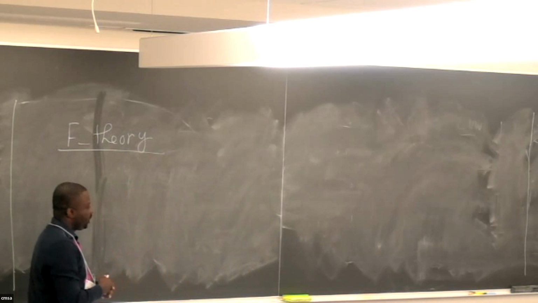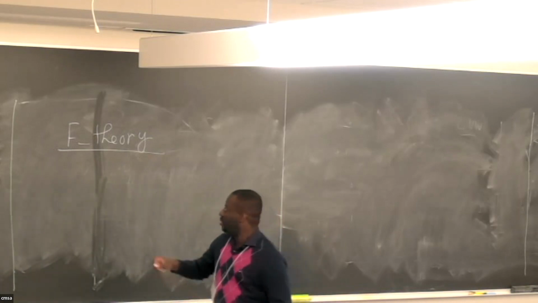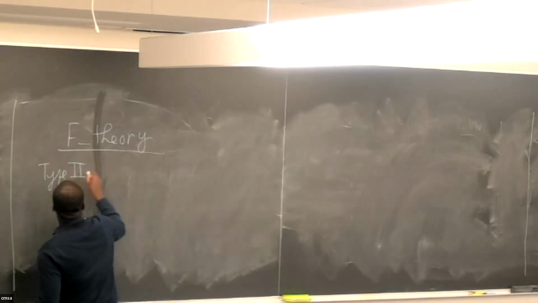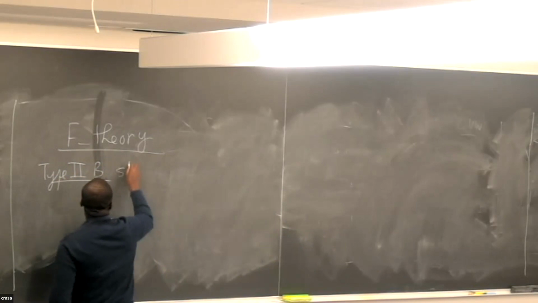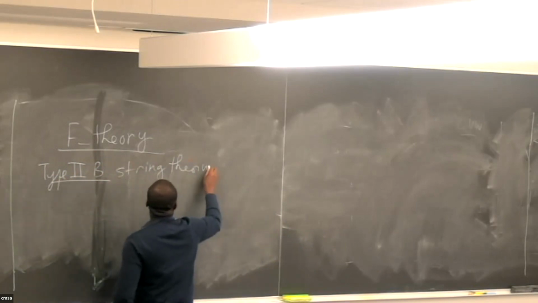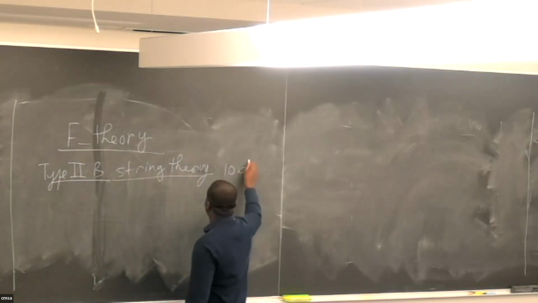And so typically, the typical picture would be to think of type 2B. So you start with type 2B string theory. This is in 10 dimensions.